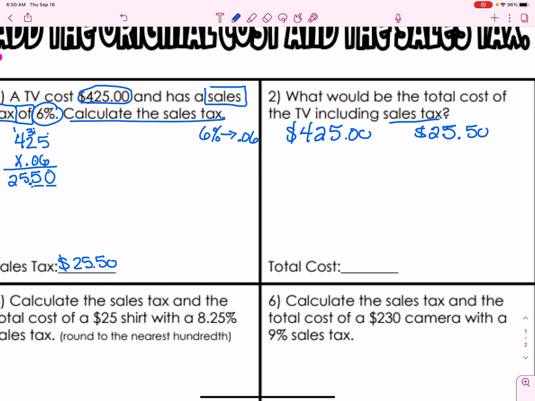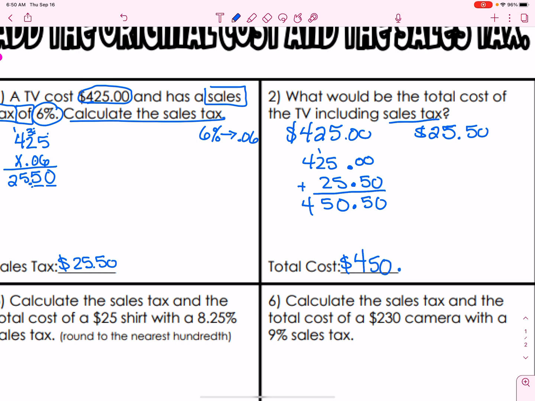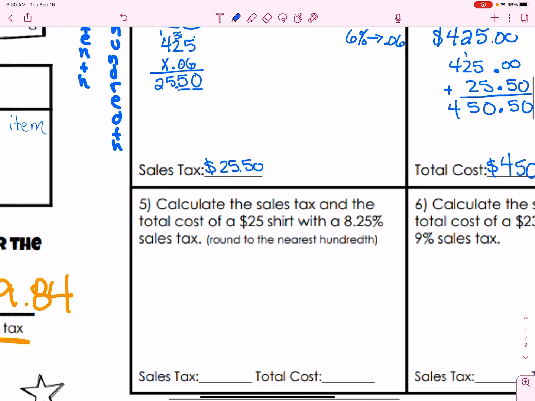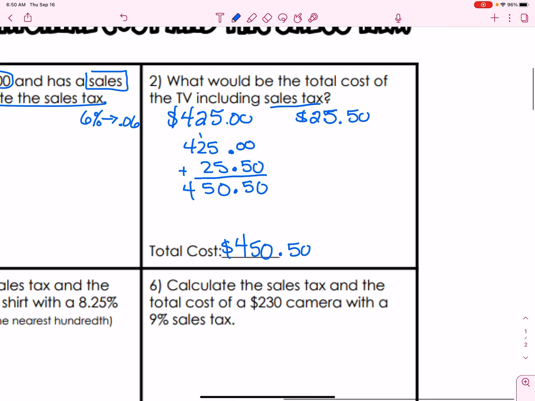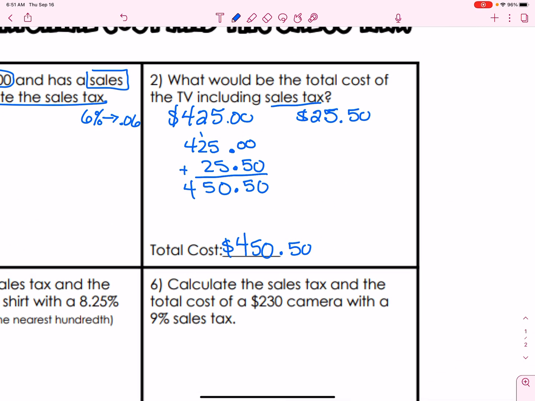So let's go ahead and put our decimals in and fill in our numbers around that. $425 and $25.50. So we're going to have 50 and 0, carry the 1, is 5 and 4. So our total cost would be $450.50. Give you a second to look at that. Pause that if you need to write that down.